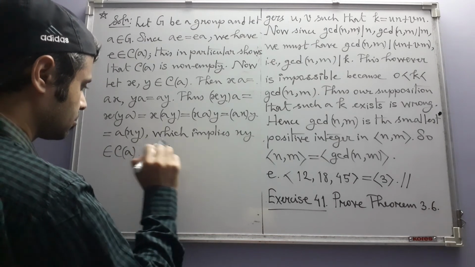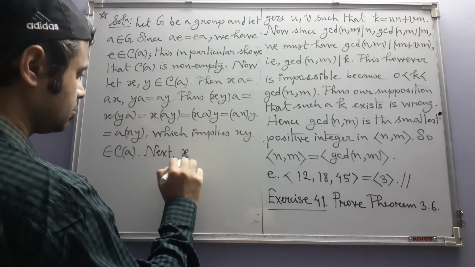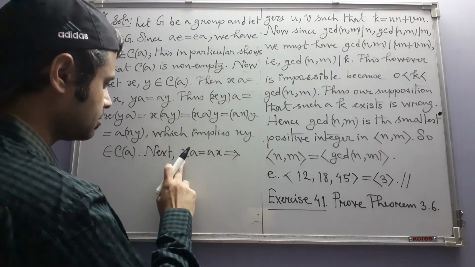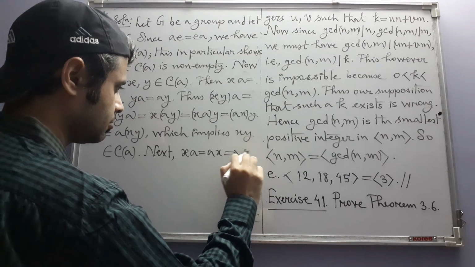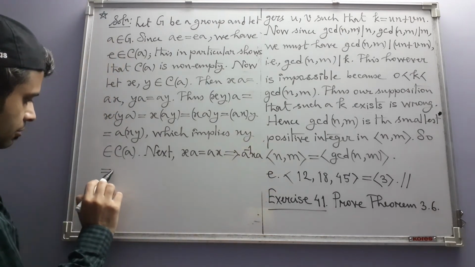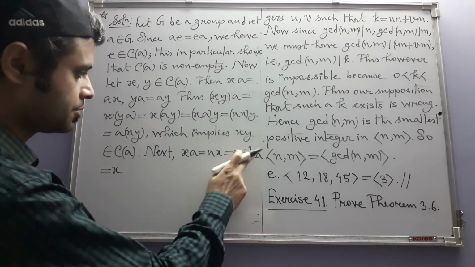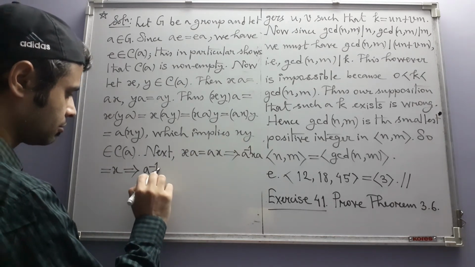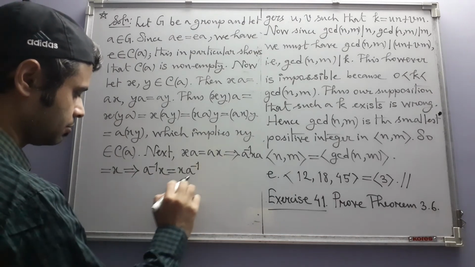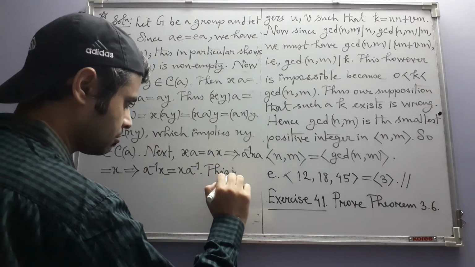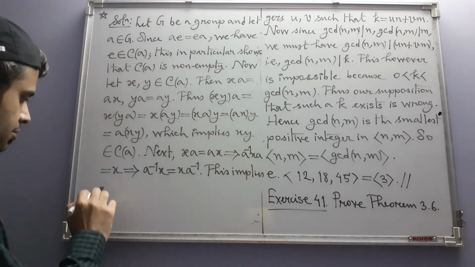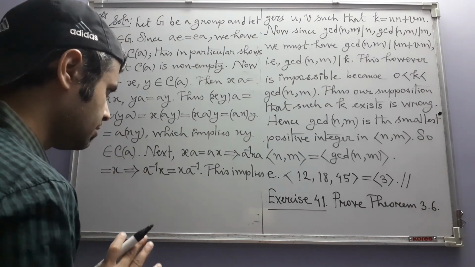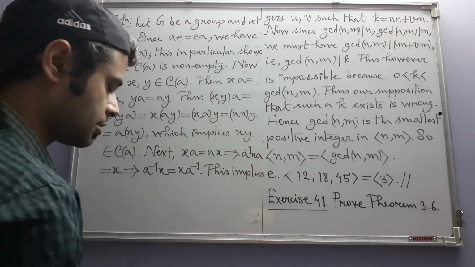Next, we have XA equal to AX. This implies you pre-multiply both sides by A inverse, that gives you A inverse XA equal to X, and then post multiply both sides by A inverse. No, this is not what I should have done.